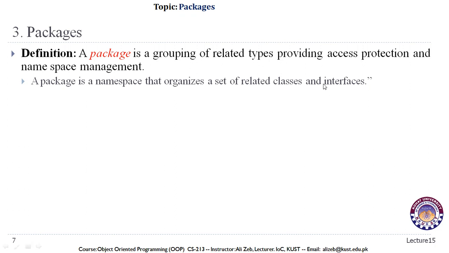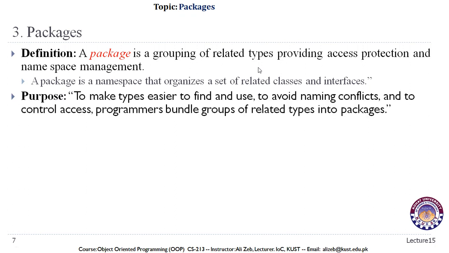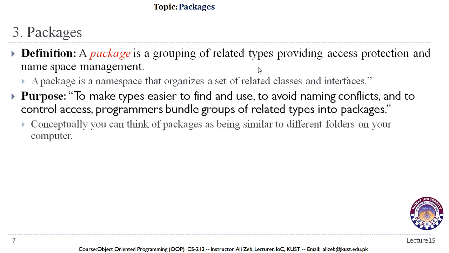Related types in this case can be classes, interfaces, enums, etc. The purpose of a package is to make types easier to find and use, to avoid naming conflicts, and to control access. Programmers bundle groups of related types into packages.